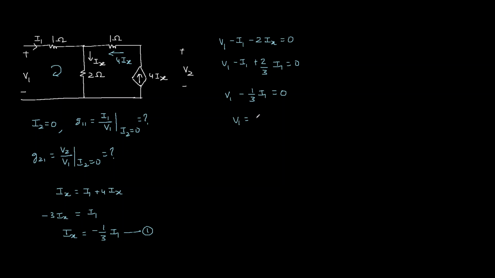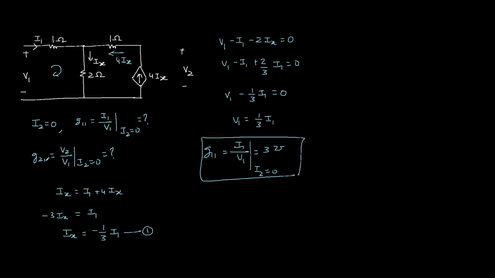So V1 is 1 by 3 I1. So I1 over V1 is simply 3. So I1 over V1 when I2 is 0 is G11, which is 3 mho.